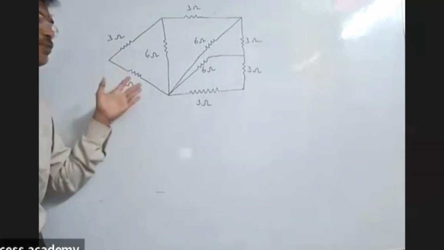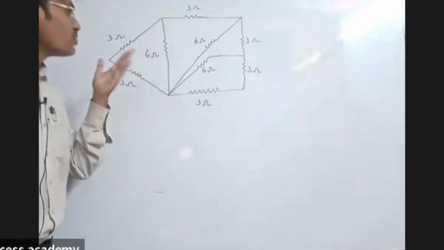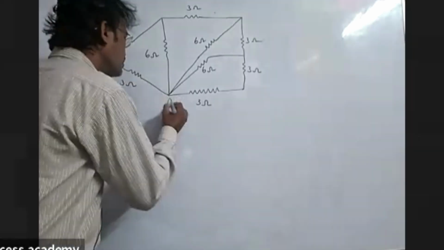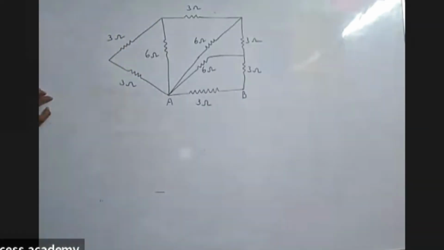Another problem. In this circuit diagram, they mentioned AB. This is A and this is B. The question is, what is the equivalent resistance between A and B?